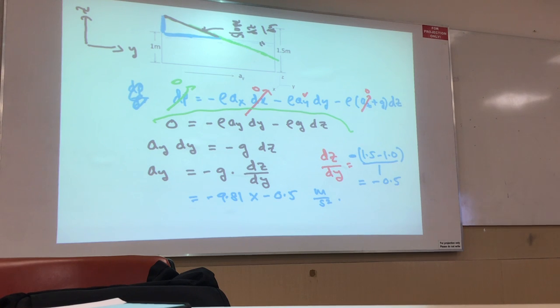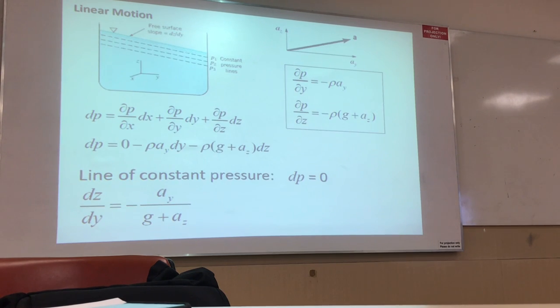Alright? So now I show you the solution. This is the solution. You can take a picture if you want. What is the reason? Line of constant pressure, so dP is 0. dz by dy, AY, G plus AZ. So this one is cancelled.